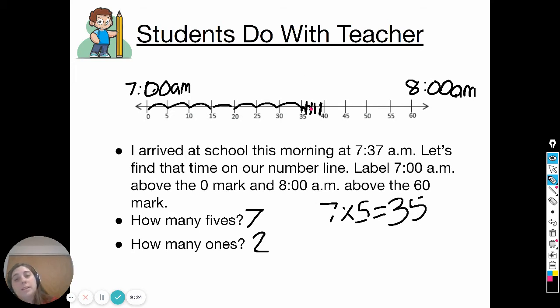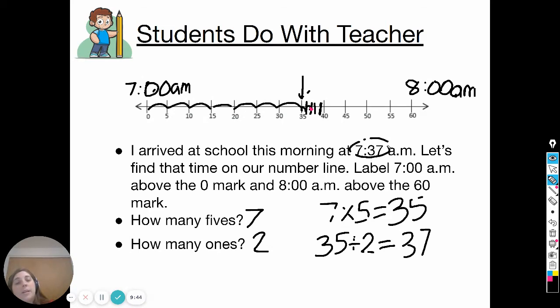Which makes sense because that's where we ended here at 35. And then we had to count by 1s 2 times, so we take that 35 plus 2 equals 37. So that's how we got to 7:37 on the number line.